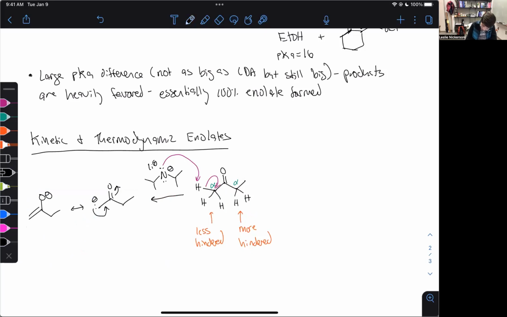Alrighty, so if we take the other side, some sort of OR minus, so that could be OH minus, it could be OMe, OEt, any of those small oxygen bases. That's a much smaller situation, so we can fit into those tighter spaces a lot easier.